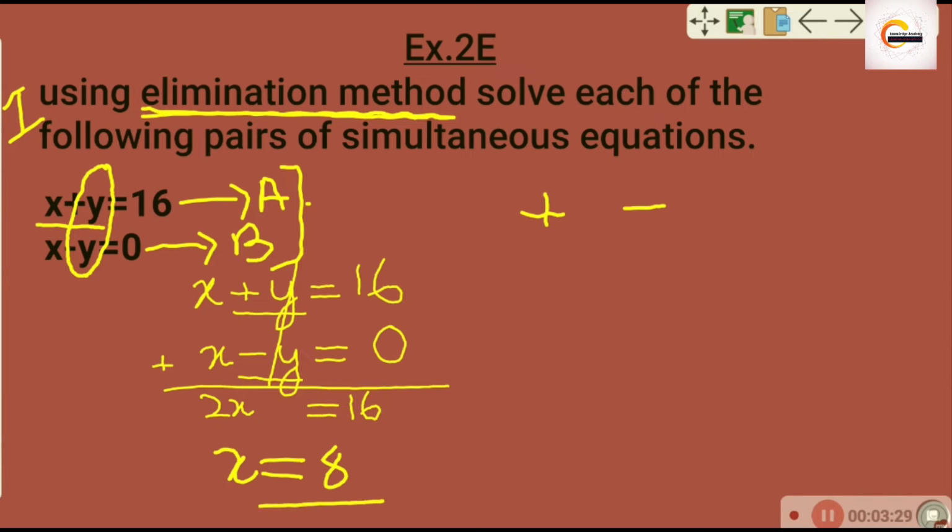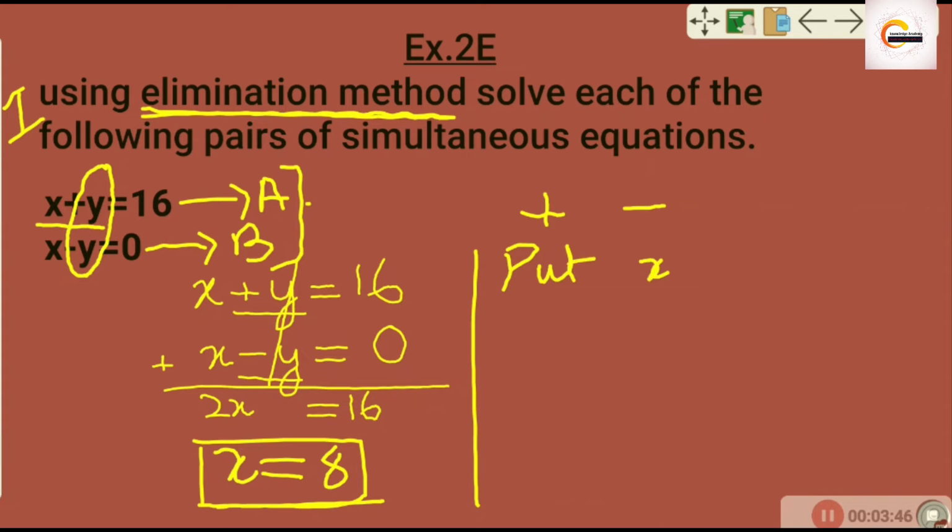Now we have the value of x. We put this value of x in whichever equation we find easier, either equation A or equation B. I think equation B is much easier, so I'm going to put x equals 8 in equation B.